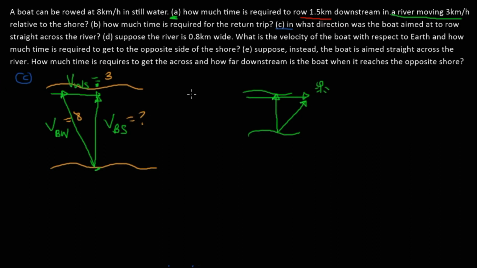In what direction? The direction is what we want to find. So this is what we need, VBS. So what direction is VBS? This is the direction. Let's say that is angle theta. If that is angle theta, that means this side is the opposite, that's VWS, and the longest side is the hypotenuse, that's VBW.